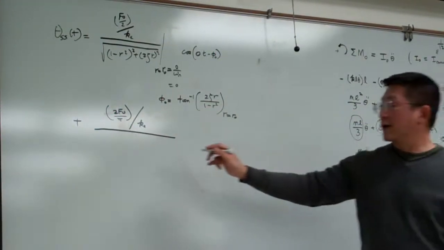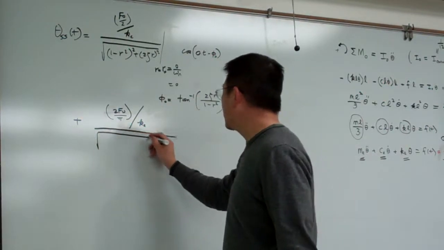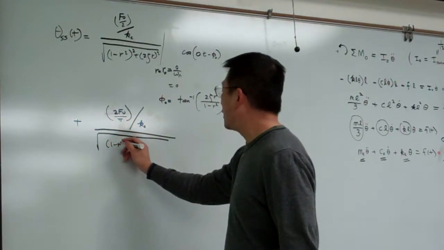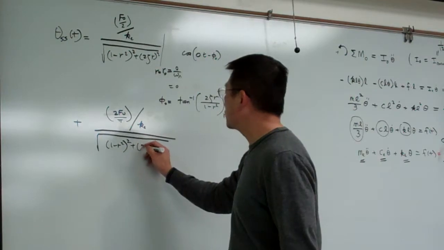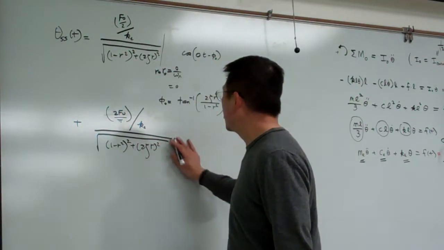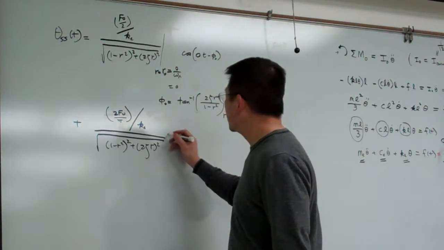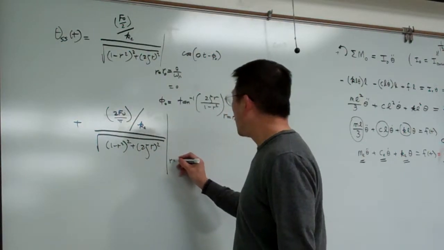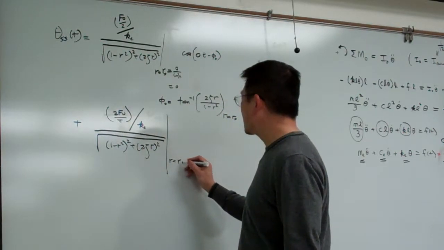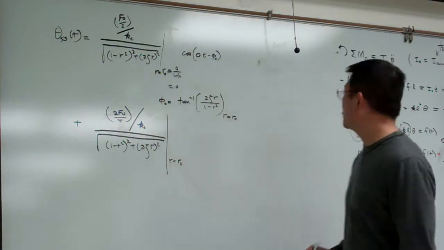Okay, and then here the denominator is the same template, (1 minus r squared) squared plus (2 zeta r) squared. So now we work on r. For the second term, let me call this r2.